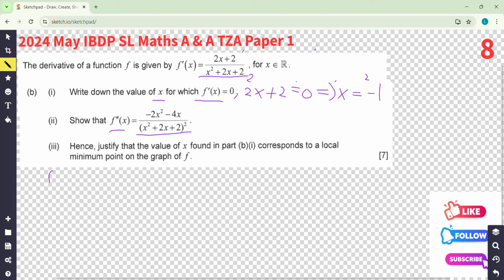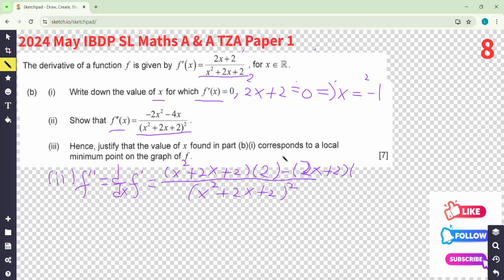What we need to do for part 2 is just that the double dash means differentiate the f dash. So we use the quotient rule. Okay, quotient rule, copy the denominator and make it a square, and then copy the numerator first, and differentiate the numerator. Numerator differentiated is 2, and then minus the numerator, and then differentiate the denominator, 2x plus 2.